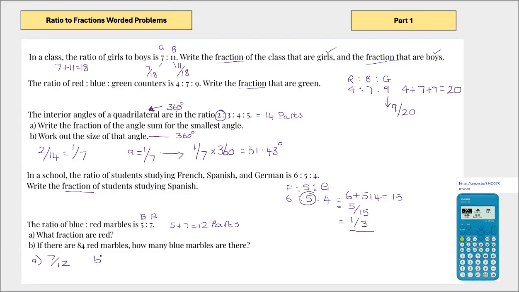So let's look at B. If there are 84 red marbles, how many blue marbles are there? To solve this, you have to look at 7 parts of red. We know that there's 7 parts red, so red, 7 parts equals 84, because 7 times 12 is 84.